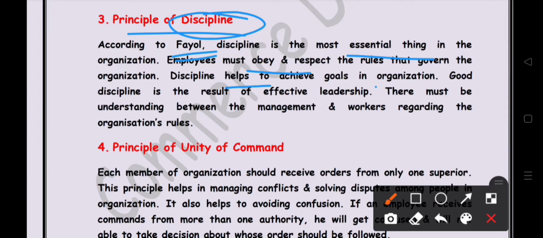Good discipline is the result of effective leadership. There must be an understanding between the management and workers regarding the organization's rules. As we know, in any kind of organization, there must be certain rules and regulations for the working of that particular organization.